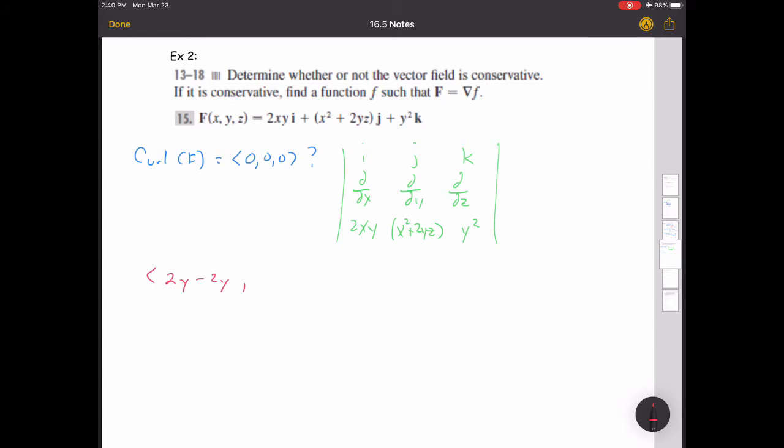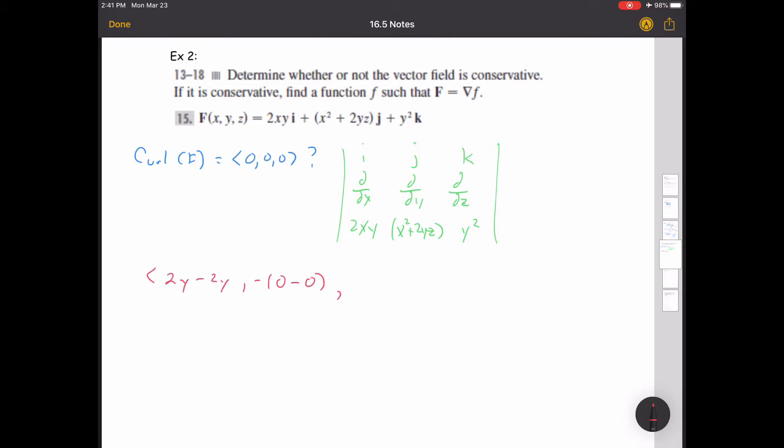So far, so good. Then the middle part, we'll have to change the sign. It is going to be d/dx of y squared. Well, that's 0. Minus d/dz of 2xy. Well, that's also 0. So again, we get negative 0. Awesome.